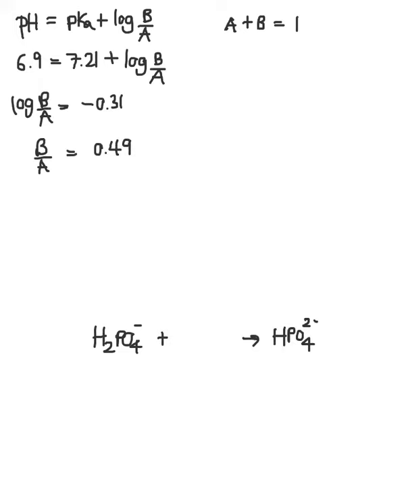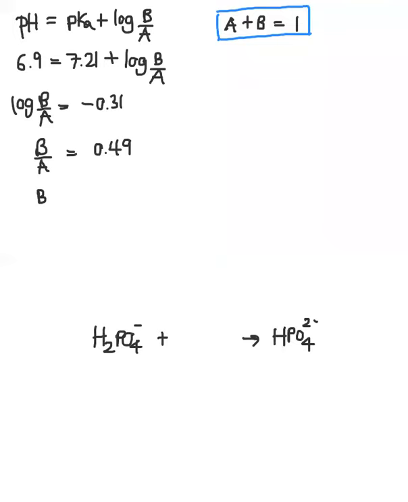So now to solve for B or A, you have to change some of the parameters here. Since we know that all we talk about right now is the equivalence, A plus B will equal one equivalence, or equal 100%.